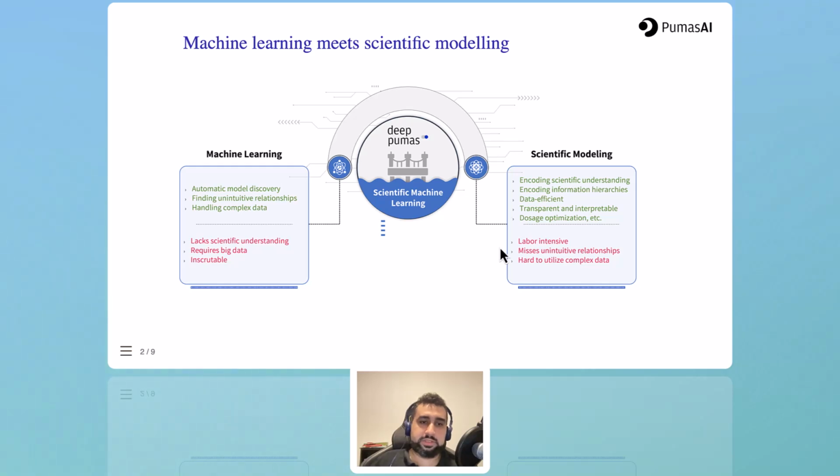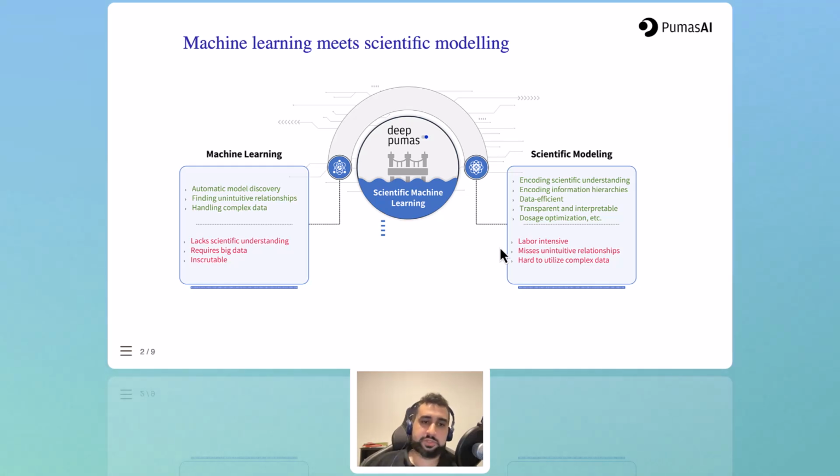And so these non-intuitive relationships that are difficult to reason about from first principles, perhaps because the data itself is very high dimensional or rich, like if you have image data, for example, will most likely not be fully utilized with scientific modeling, and we will need some other tool to try and extract information from that. And so these non-intuitive relationships that haven't been understood yet, as well as the ability to use complex data, all of that is a weakness of scientific modeling.